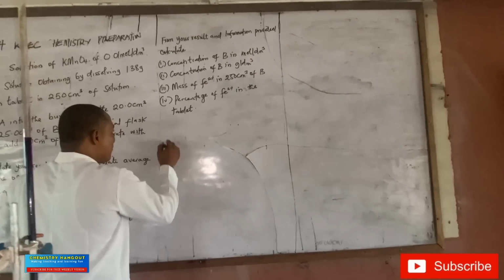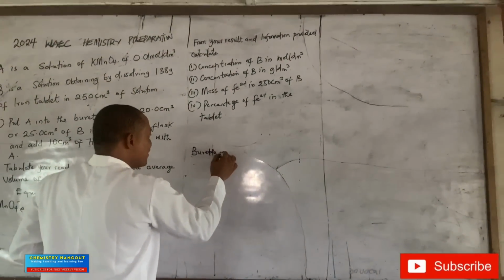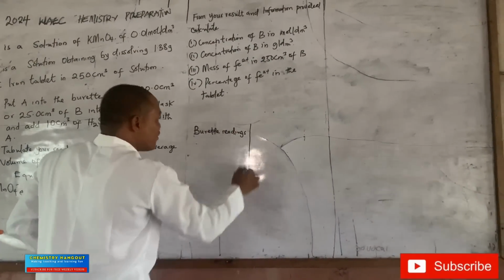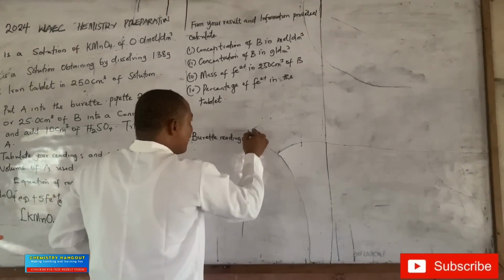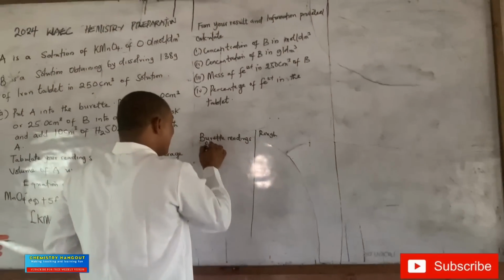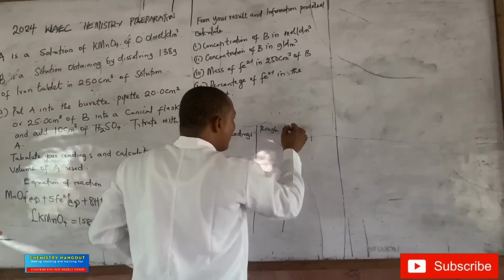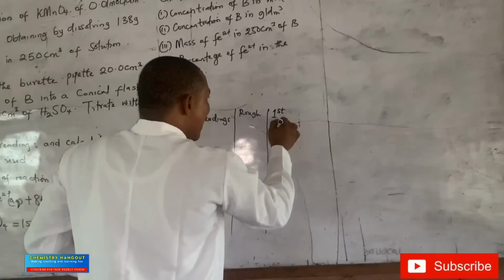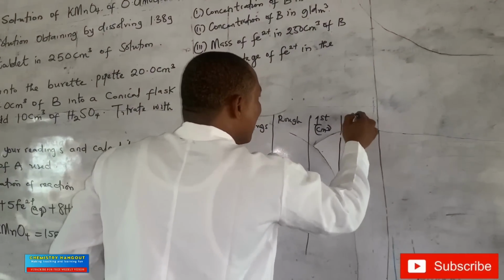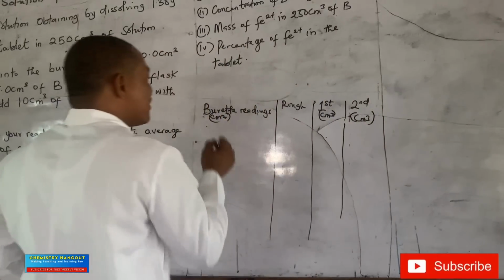So the burette readings now. Okay, so I will just have my rough. Burette readings in centimeter cube. So I can have my rough, first and second. Second in centimeter cube also. I want to believe this is clear.